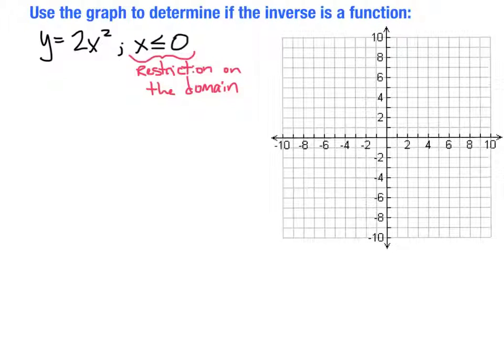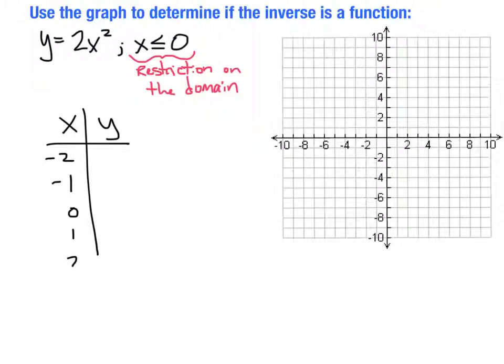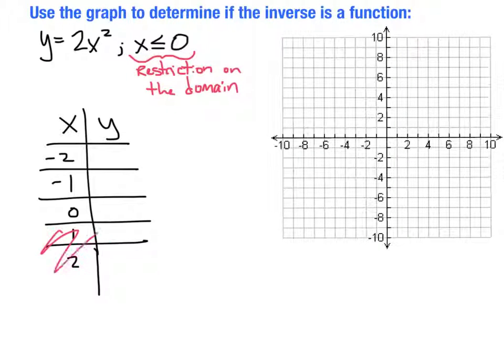The easiest way for me to find values is to just make a table. Okay? So typically our table would go from negative 2 to 2. But our table isn't going to go from negative 2 to 2 because I only care about the x's that are less than or equal to 0. So I don't need this positive 1 or 2.